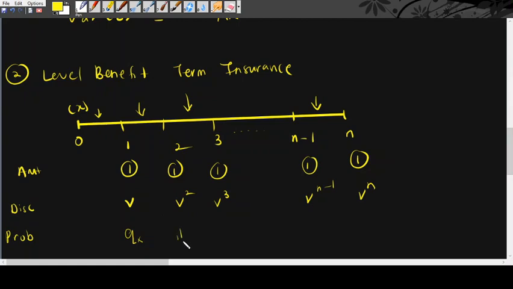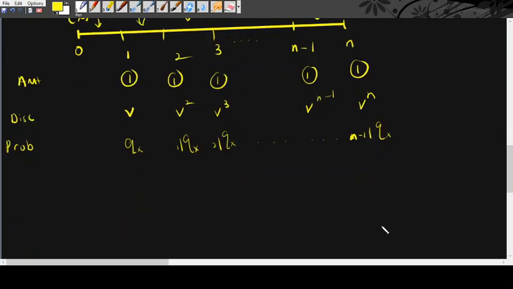Here, 1 given q_x, 2 given q_x, and so on until here it will be n minus 1 given q_x. The expected value of z equals the summation from k equals 0 up until n minus 1 of v to the power of k plus 1 times k given q_x.